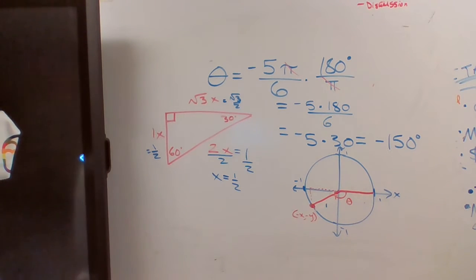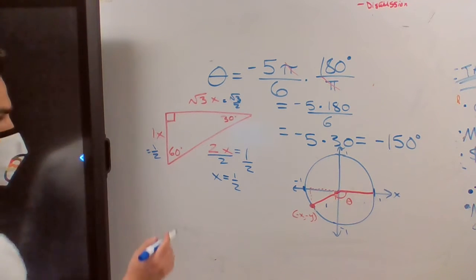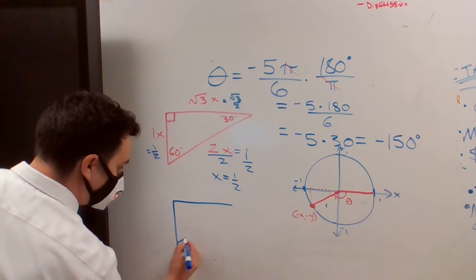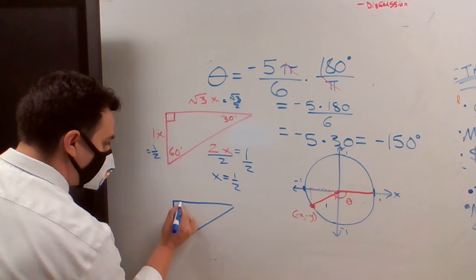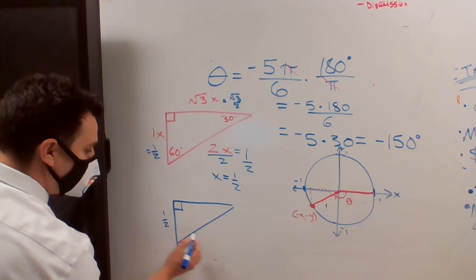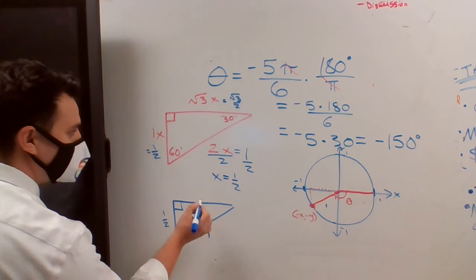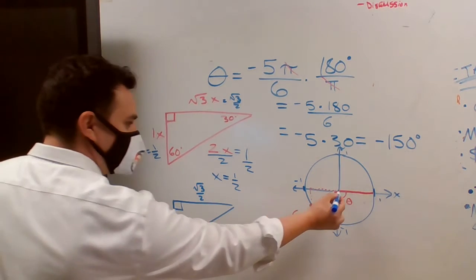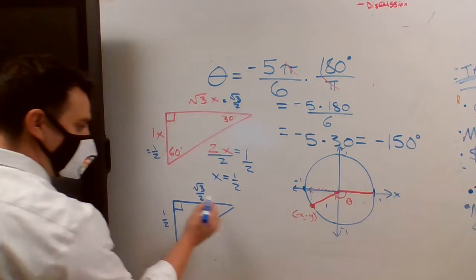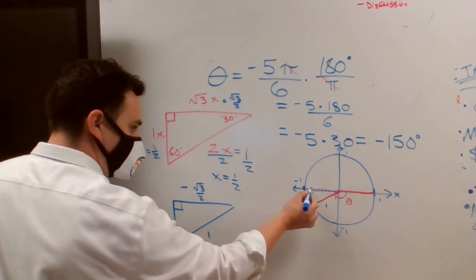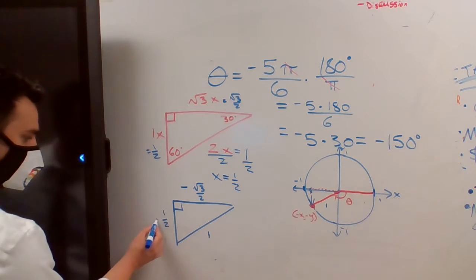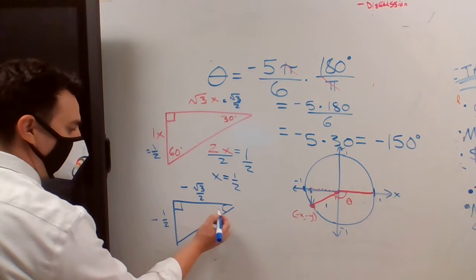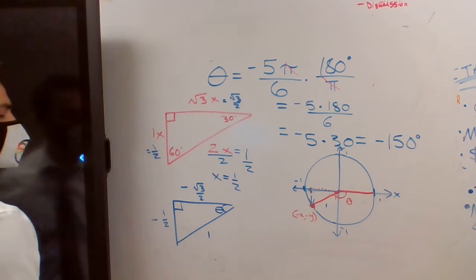And let me now draw it with the sides illustrated. 1/2, 1, root 3 over 2. But wait a second, we said that the x here was negative, and the y here was negative. Okay, now I've done everything I need to.